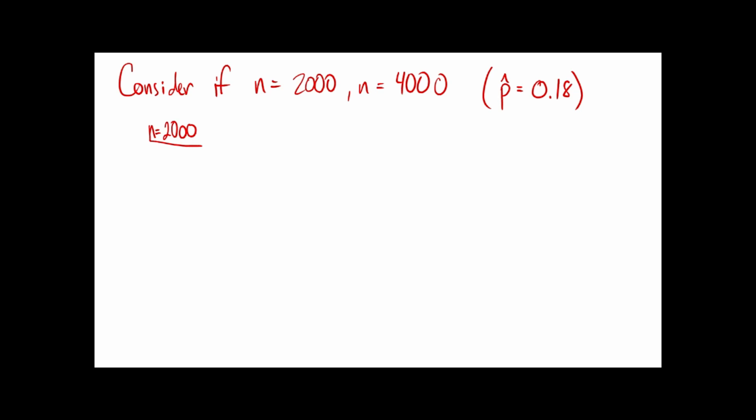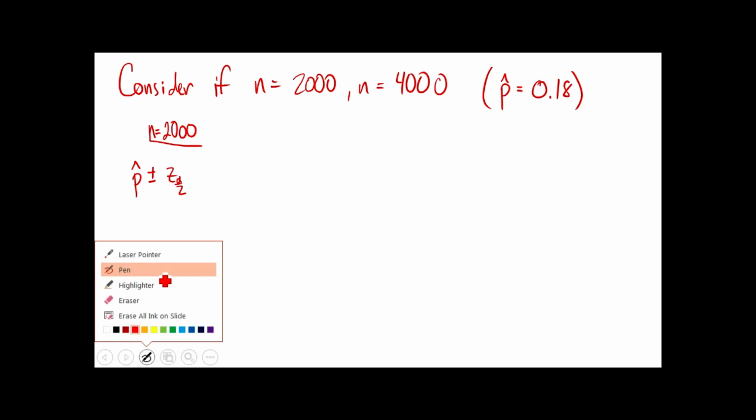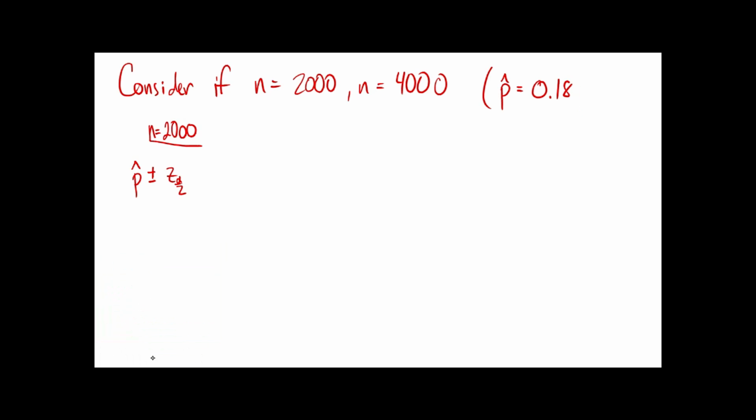I think it will. So the formula, remember, is p hat plus or minus z alpha over 2. And let's just fix our confidence level. Let's just go with that 95% confidence. Okay. So I'll write down the formula here, and then we'll just drop in our values.